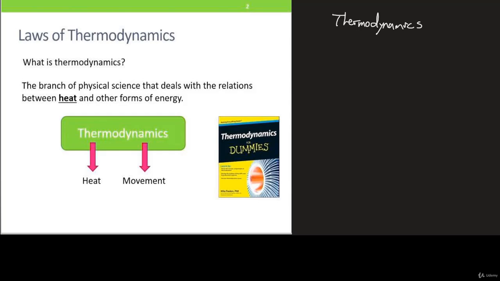If we break the word thermodynamics into two, thermo refers to heat, such as a thermometer, which measures the amount of heat in a body, and dynamics means movement. So all in all, thermodynamics means movement of heat, and that's the law that we are going to study.